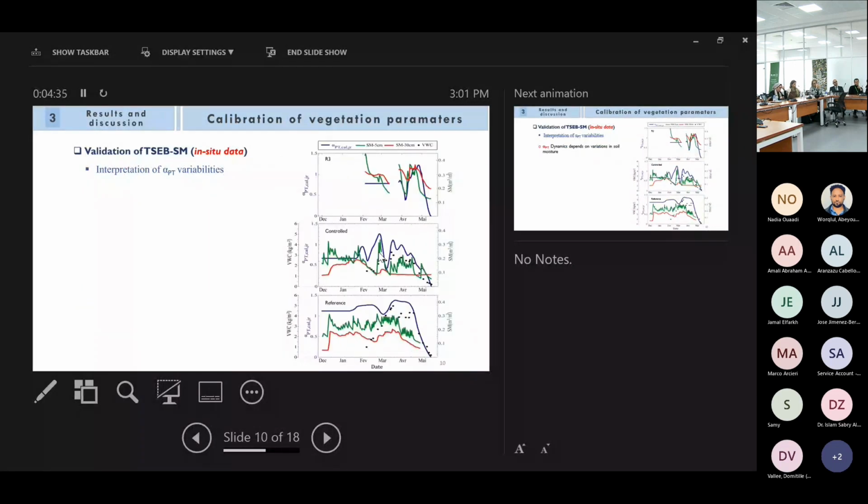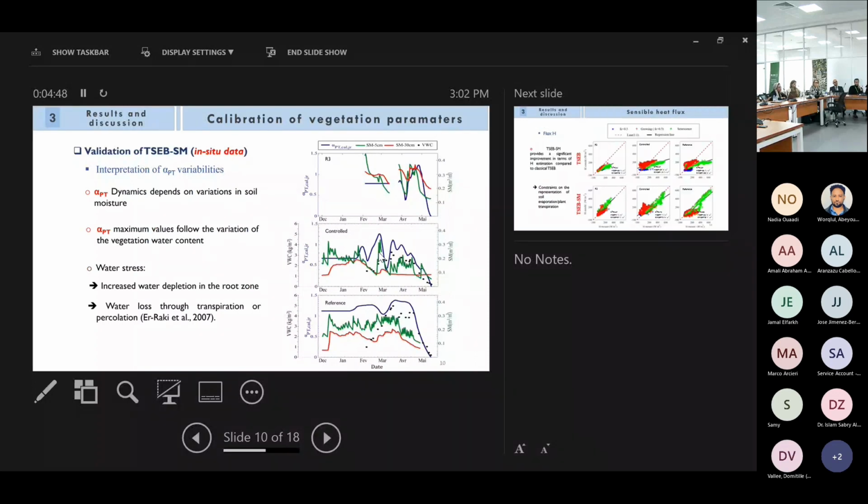So we plot this variation with the soil moisture at 5 centimeters, the soil moisture at the root zone, which is around 30 centimeters, and the vegetation water content data. We can see that the dynamic of alpha PT depends on the variation in soil moisture at the surface and also in the root zone.